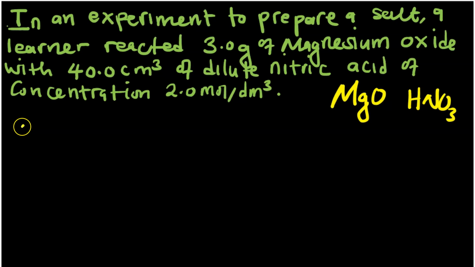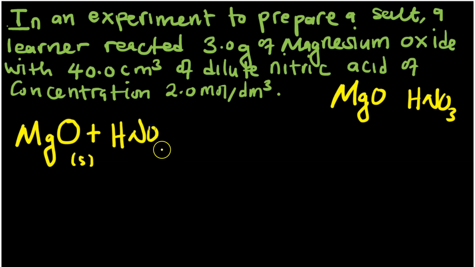So magnesium oxide, we are now writing the balanced chemical equation. Magnesium oxide, which is in solid state, reacts with nitric acid, which is aqueous, to form a salt.